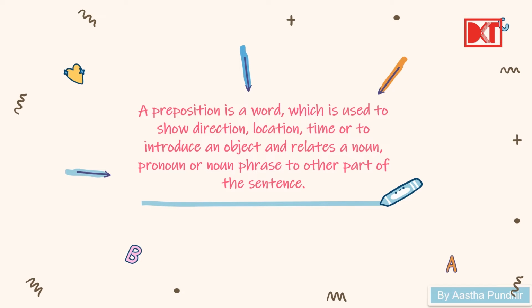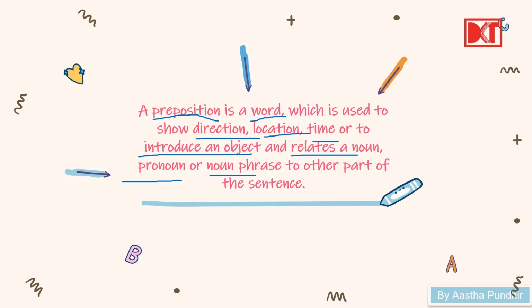So, according to this, our definition of prepositions is: a preposition is a word which is used to show direction, location, time, to introduce an object, relates a noun, pronoun or noun phrase to other part of the sentence.